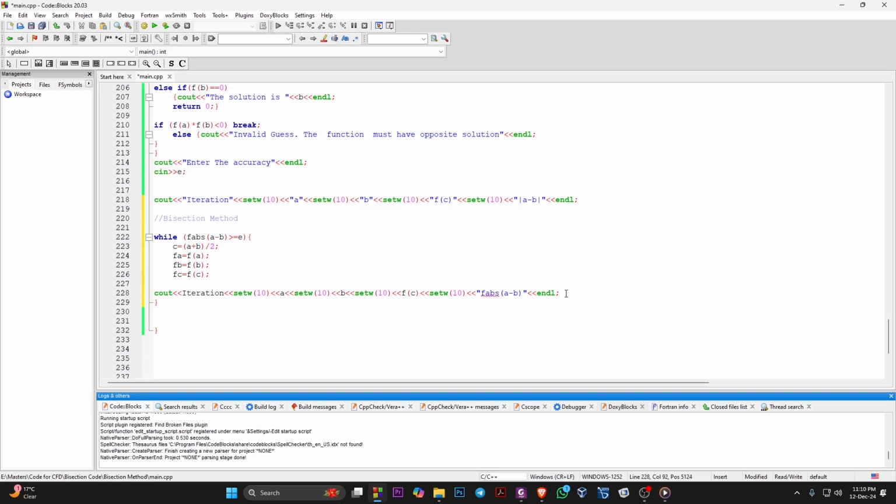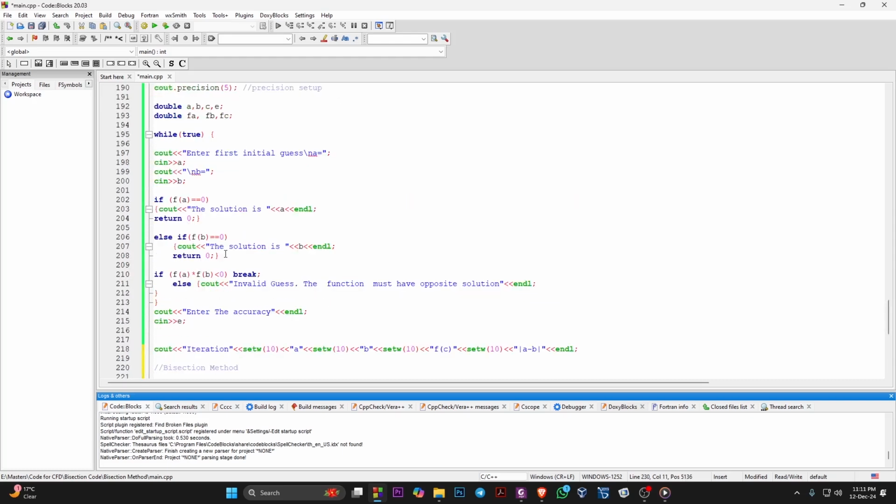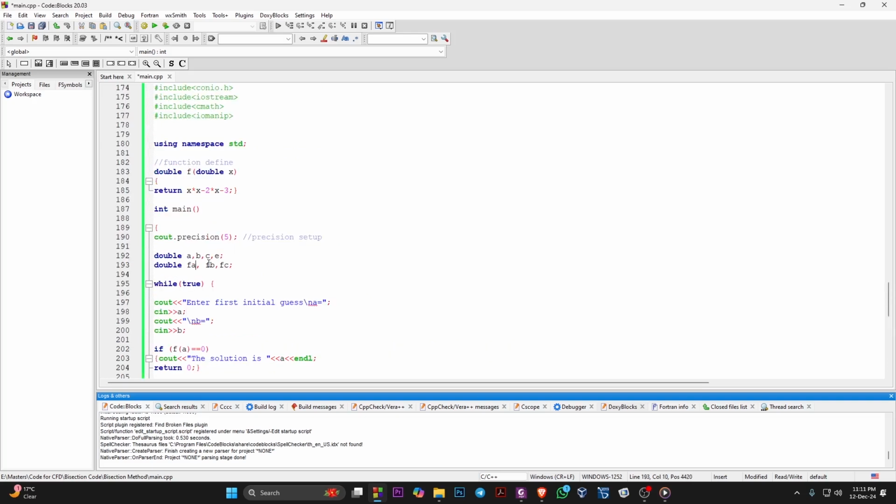These two will happen again and again. Iteration. I want to add this value 0 in our variable definition phase. Int iteration.